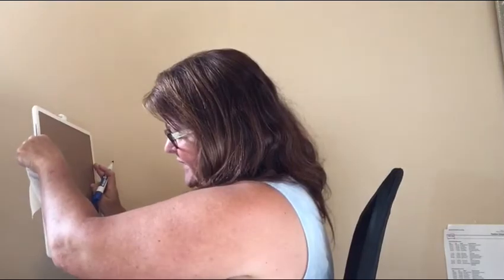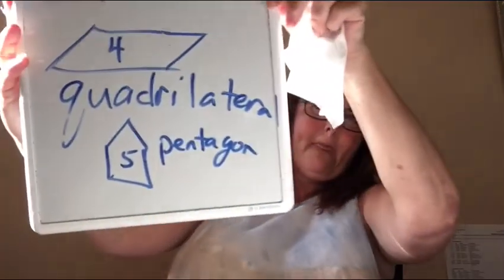And then the one that looks like a house, the 5-sided one. This has 3 sides, this has 4 sides, this has 5 sides. This is a pentagon. A 5-sided house is a pentagon. And a 6-sided figure is a hexagon. The hexagon has 6 sides. 1, 2, 3, 4, 5, 6 is a hexagon.